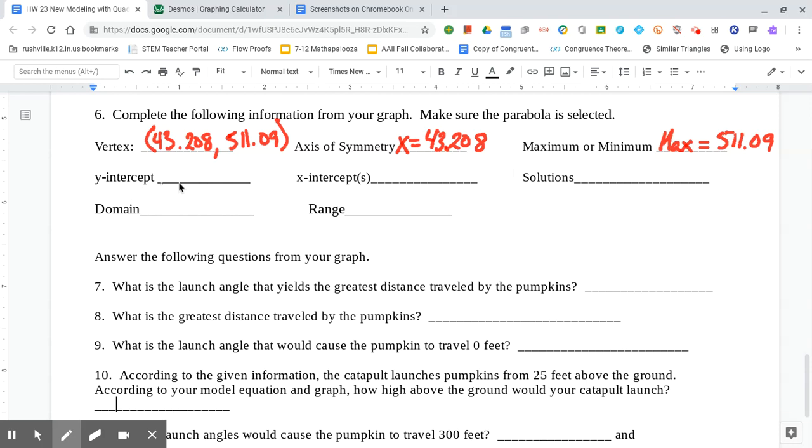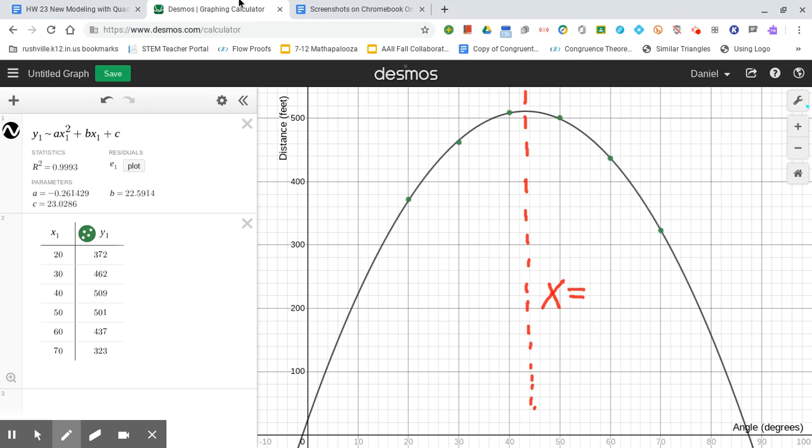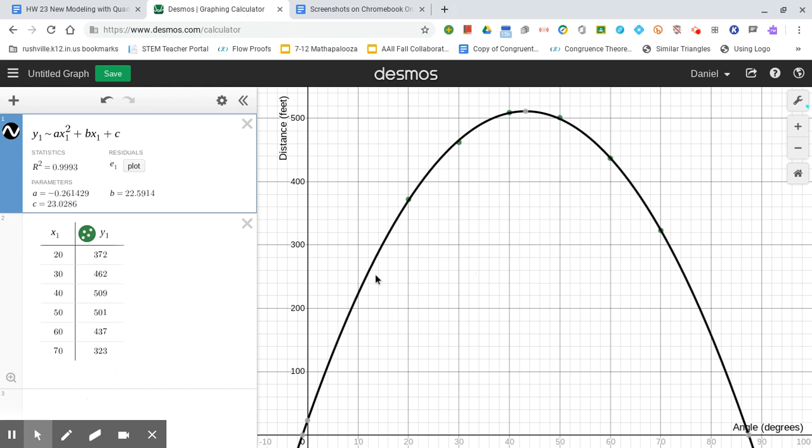Okay, so there are some other points of interest here that we're discussing, the y-intercept and x-intercepts, and those are also shown on the grid. So if we click on the parabola again, these gray dots appear. The y-intercept is on our y-axis, so we can click there, and we see its value, 0, 23.029.